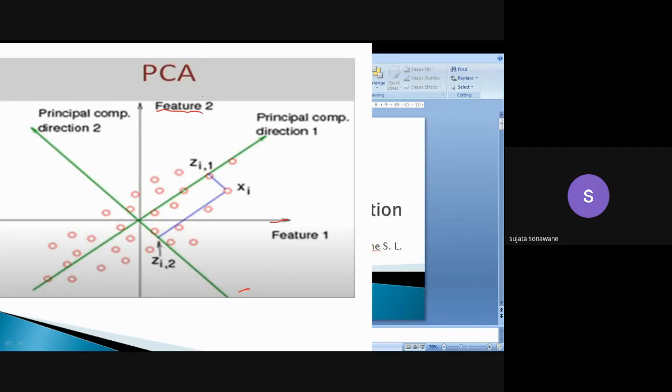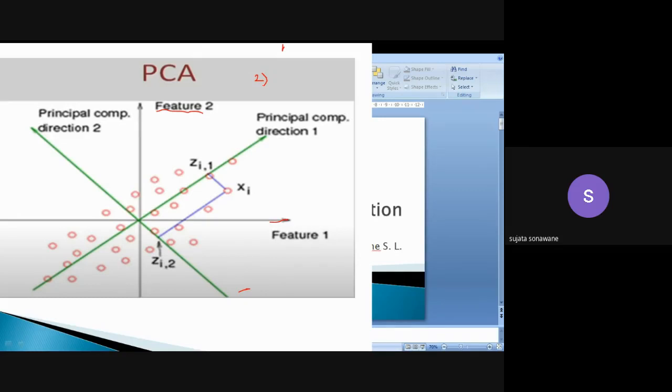Our first property for the principal component is that the variance should be the maximum one. And our second property is that both principal components should be orthogonal.